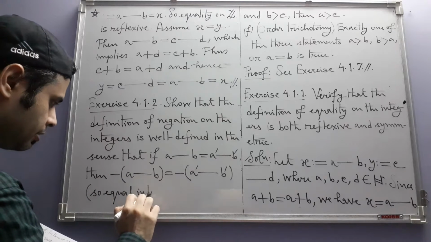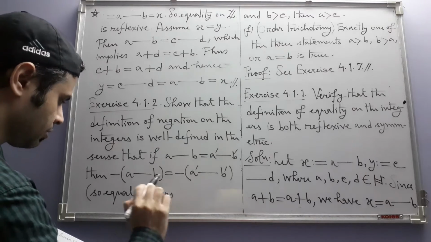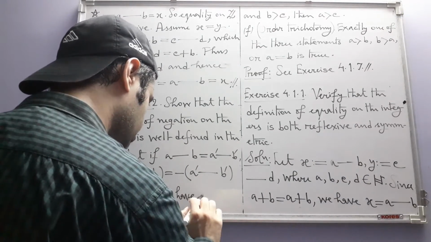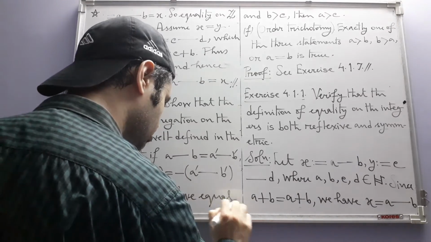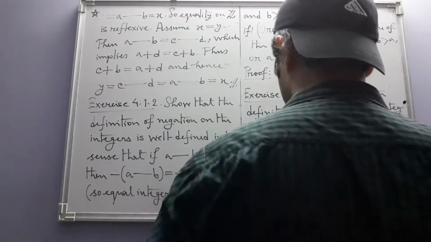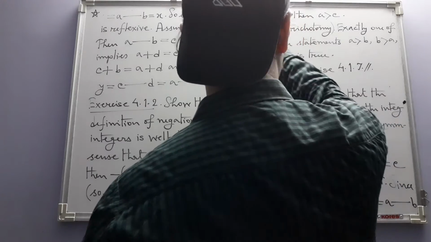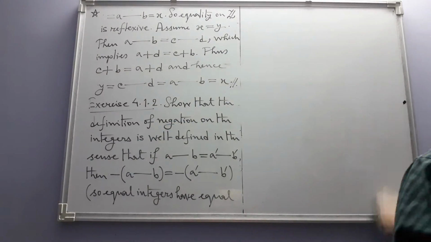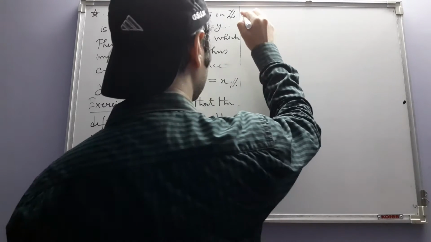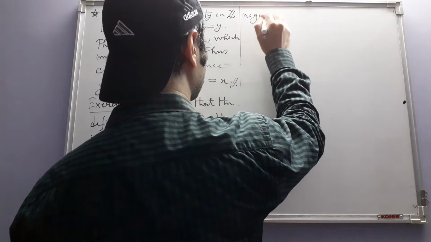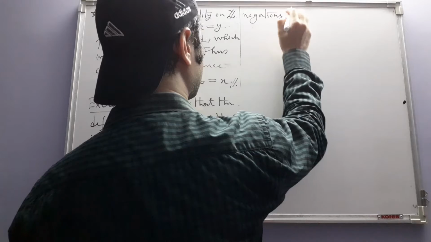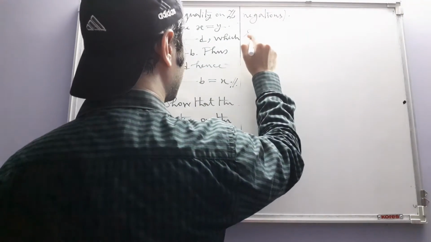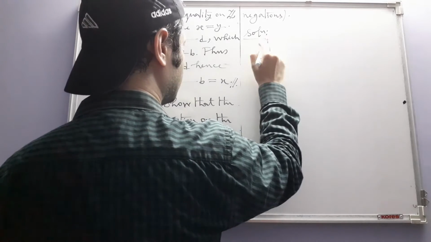So equal integers have equal negations. This should also be very easy.